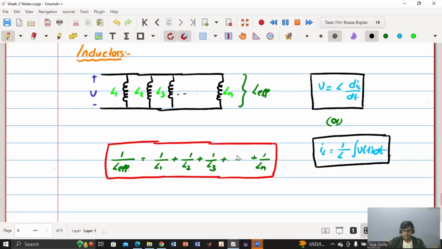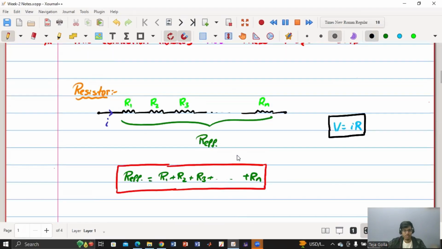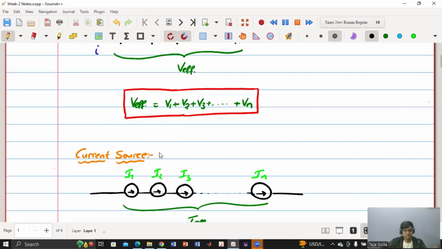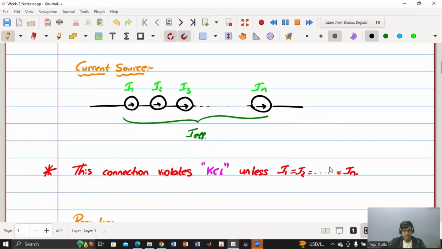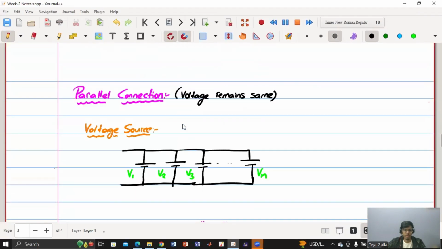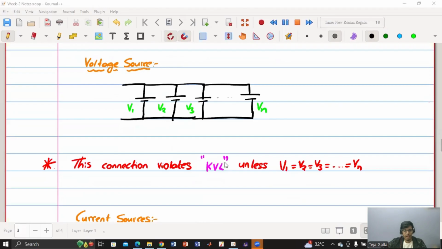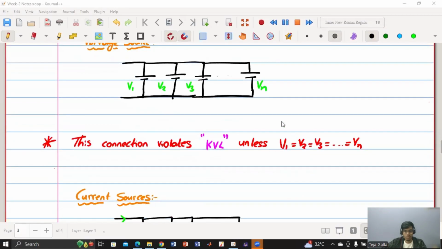Till now, we have discussed series and parallel connection of multiple such elements. We started with the voltage sources connected in series, then current sources, which violate KCL if they are not equal, then resistors, then capacitors, then inductors. Similarly, for the parallel connection, we connected voltage sources in parallel, which will violate KVL, and can only be connected if and only if all these voltage sources are equal.